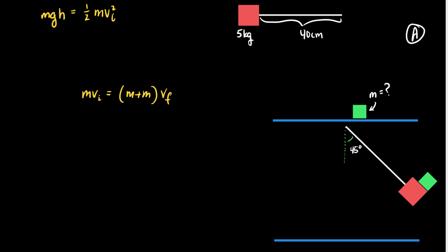After the collision, do you see that there is a clear change in height? We already established likely an energy question. What kind of energy do I have just before we start to swing upwards? 1/2 (M plus m) v final squared.